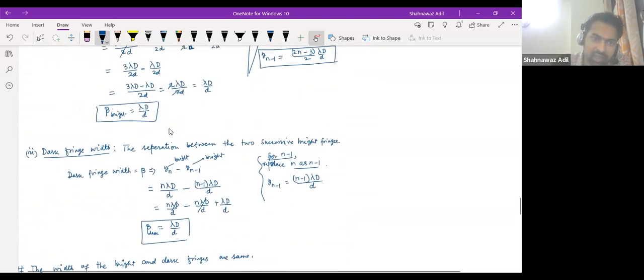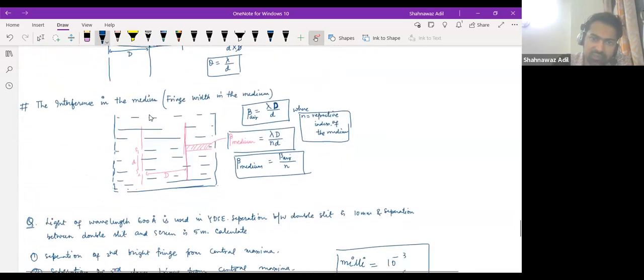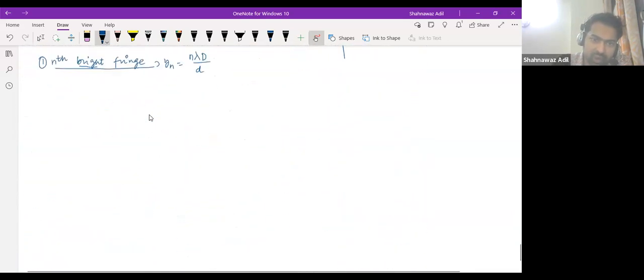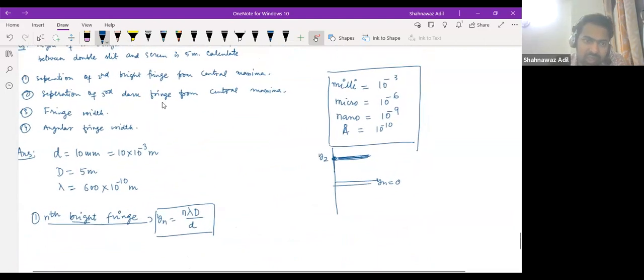And the thing that you say, that was the fringe width, right? So this is the nth bright fringe. But we have to find out the second bright fringe.